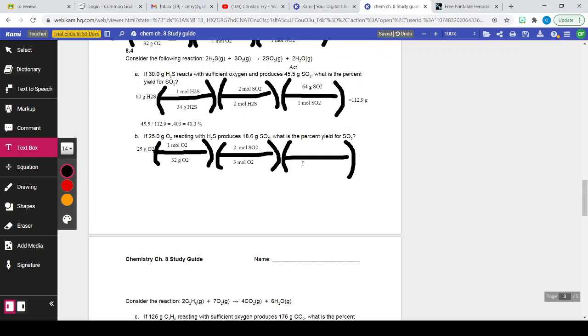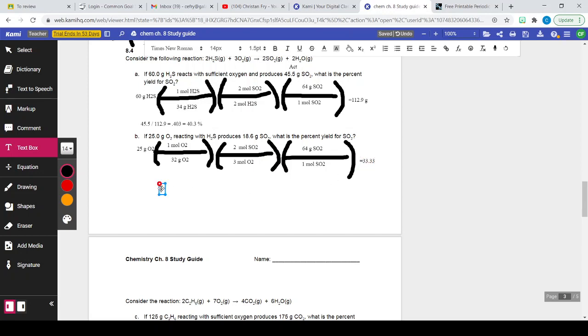All right. 1 mole of SO2 weighs 64 grams. Well, this equals 25 divided by 32 times 2 divided by 3 times 64, and that's going to be 33.33333, and that's in theory.